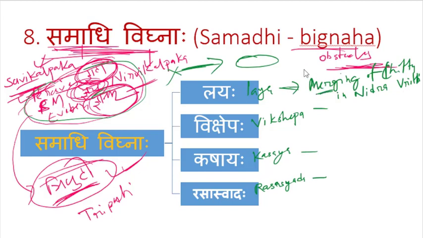Because you are practicing Savikalpa, you already practice. Now you are in this state of Nirvikalpaka, but to attain the higher state of Nirvikalpaka, there are some obstacles: Laya, Vikshepa, Kashaya and Rasaswada. Laya means your mind is merged with Nidra Vritti. Your Chitta is getting merged with Nidra.